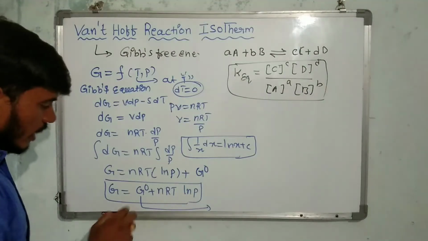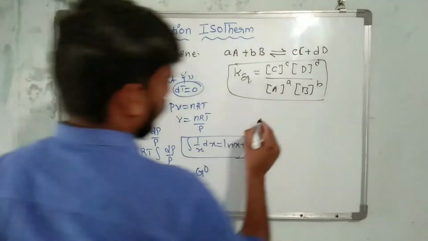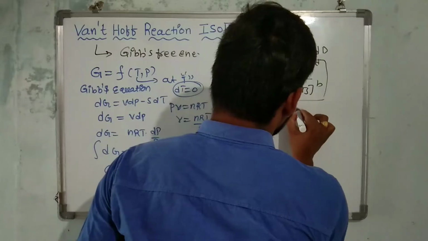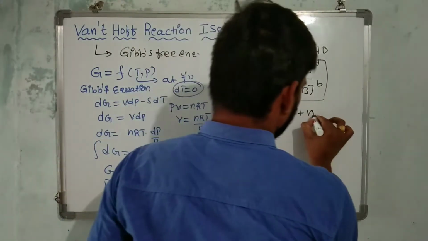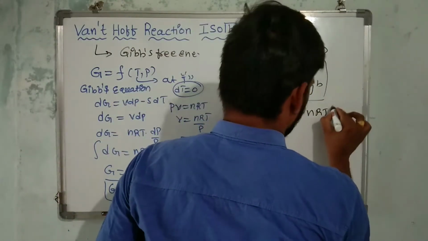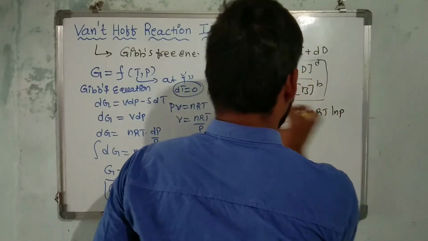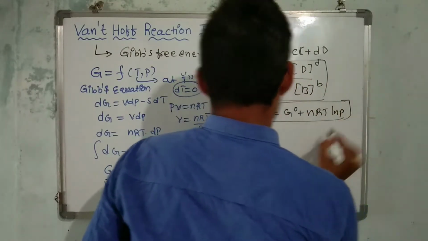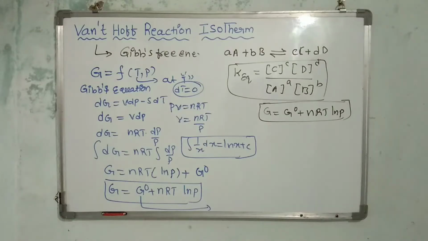Now the formula is G is equal to G naught plus nRT ln P, present in this Gibbs equation.